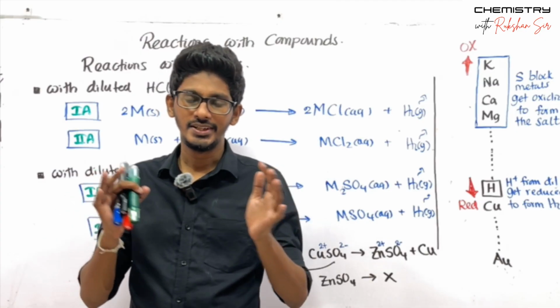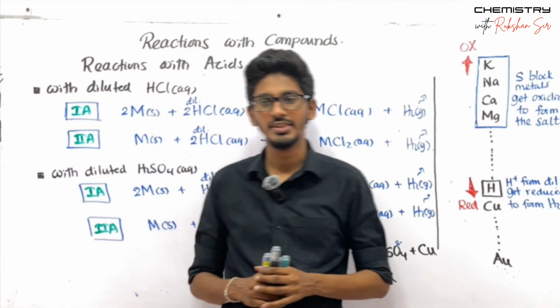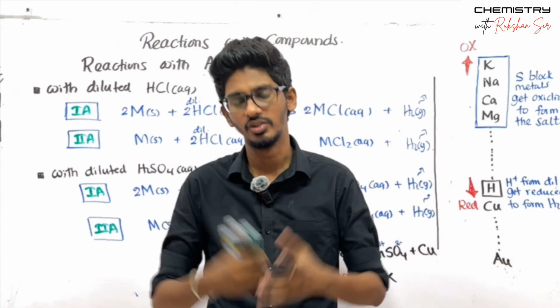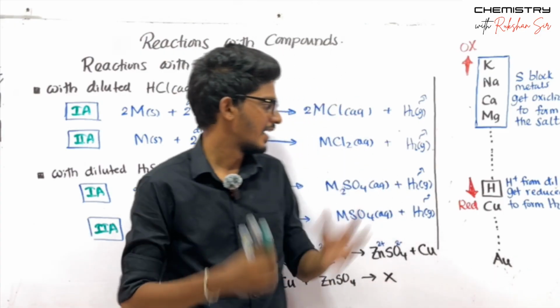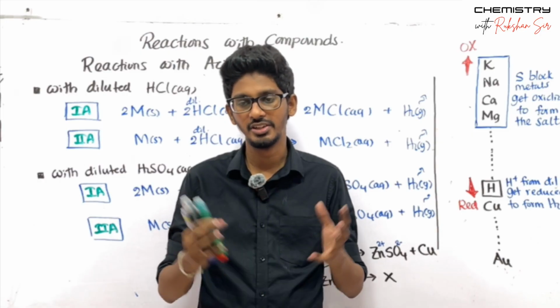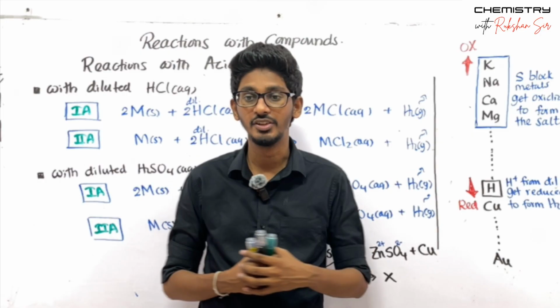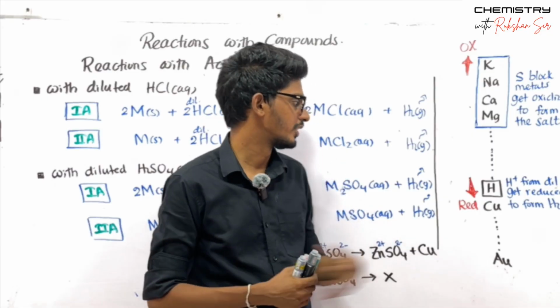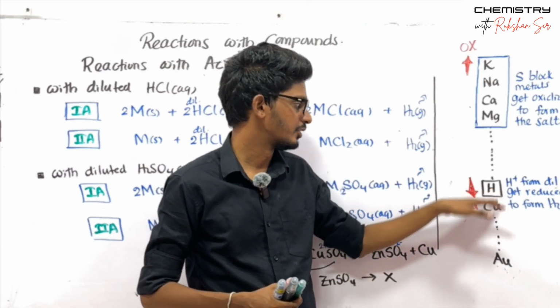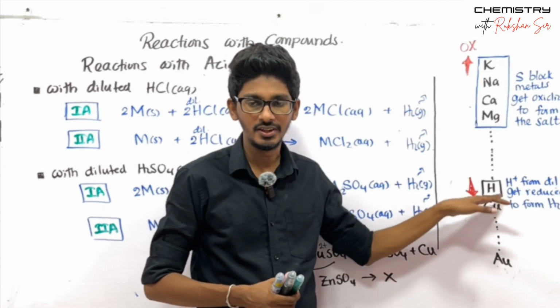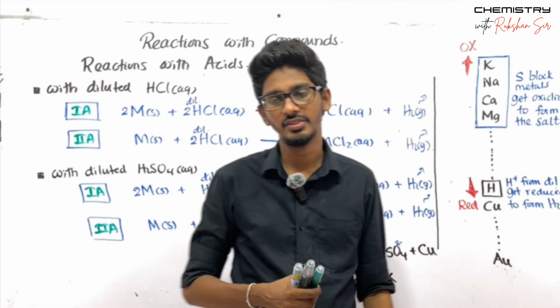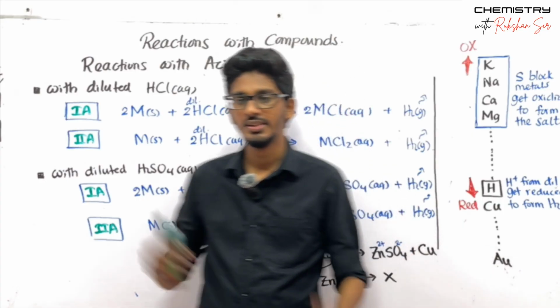The highest oxidation state available for hydrogen is plus one, so it can't get further oxidized. So that reaction won't occur if a dilute acid is added to a metal below hydrogen in the activity series. That is the idea.